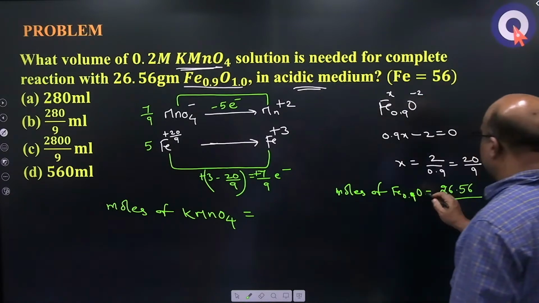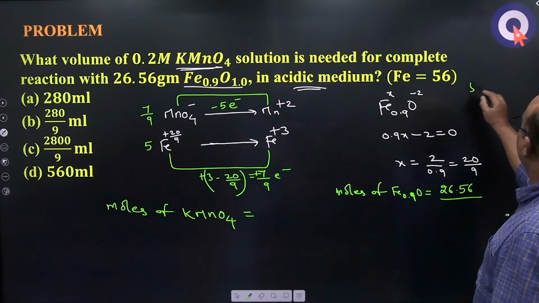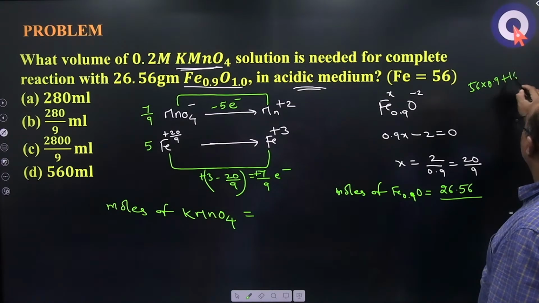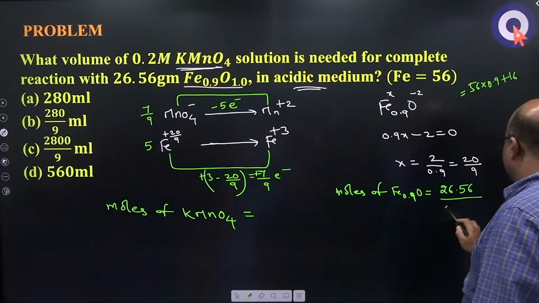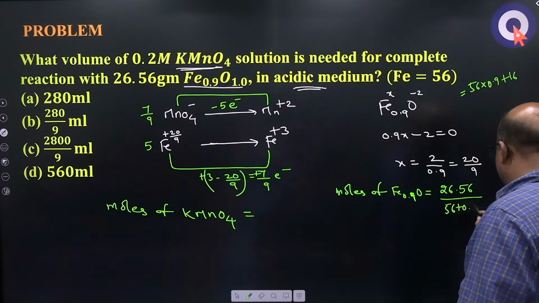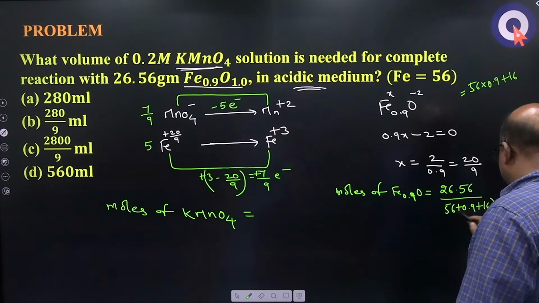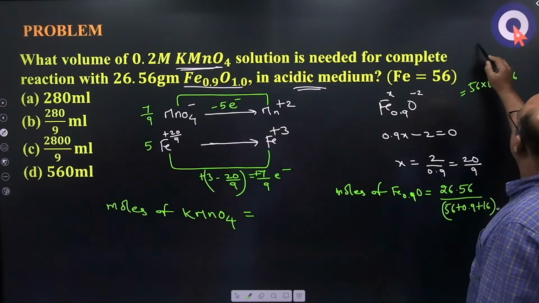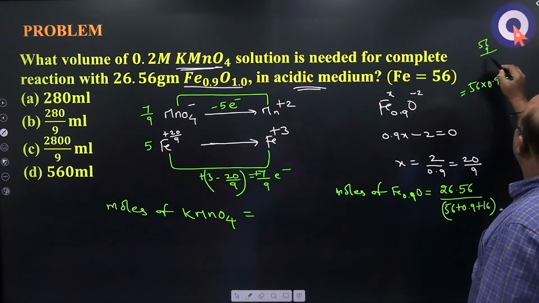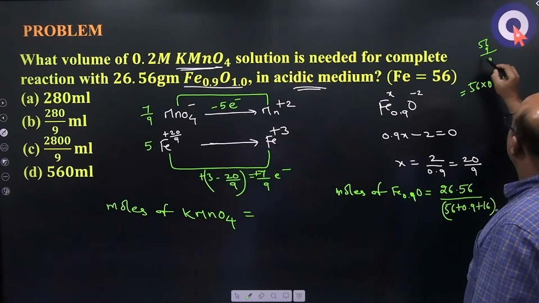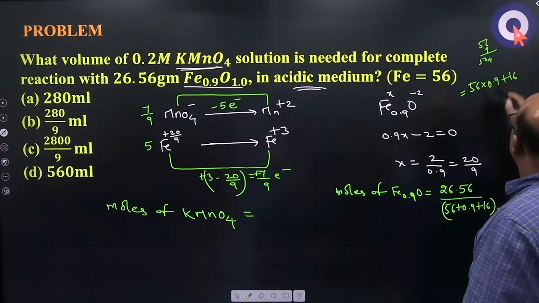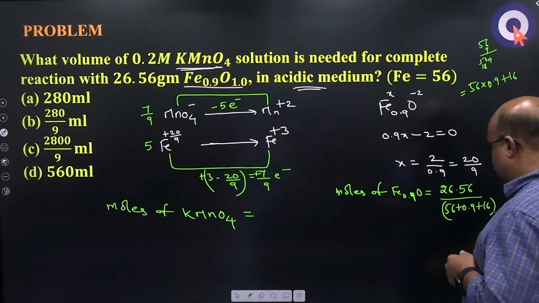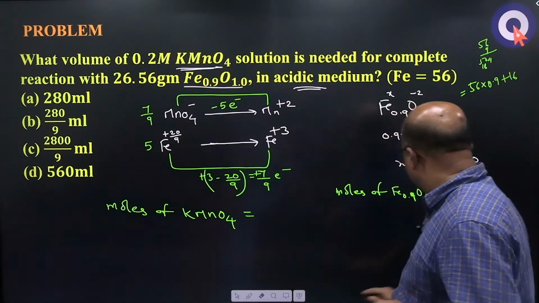The mass is 56 into 0.9 plus 16. So 56 times 0.9 is 50.4, plus 16, so it is 66.4.